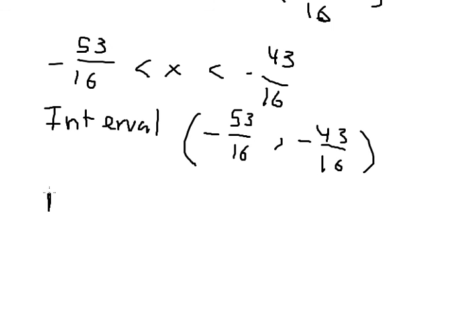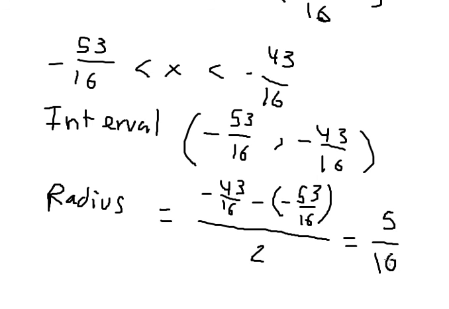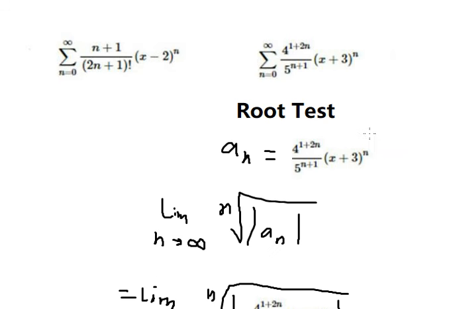For the radius of convergence, we have negative 43 over 16 minus negative 53 over 16, and we divide by 2. So you get 5 over 16, and this is the final answer.